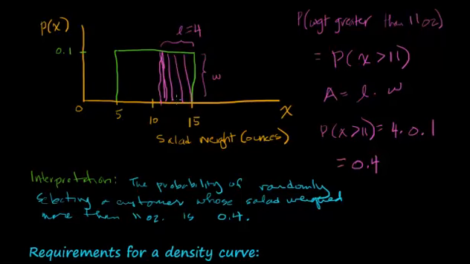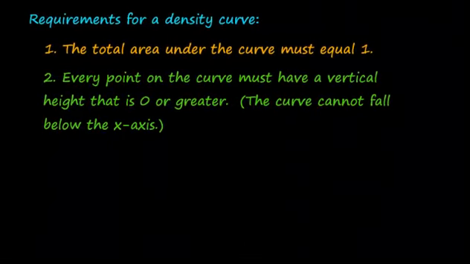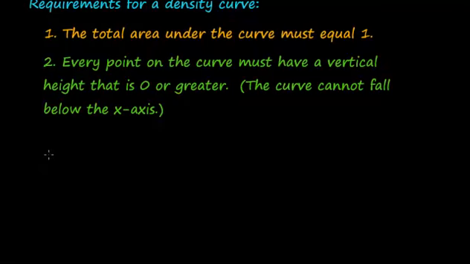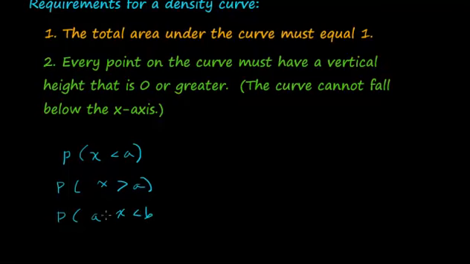So we'll be looking at probabilities that are greater than, less than, or between two values, instead of the probability of an exact value. Okay, so just to quickly summarize that, we will be looking at things like the probability that X is less than some value A, or the probability that X is greater than some value A, or the probability that, say, X is between two values.